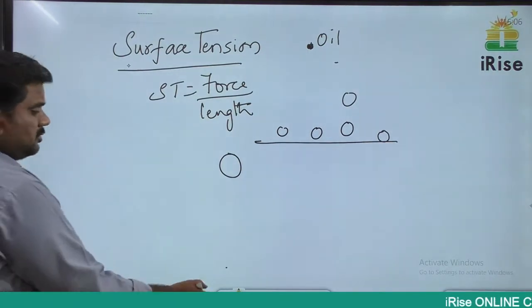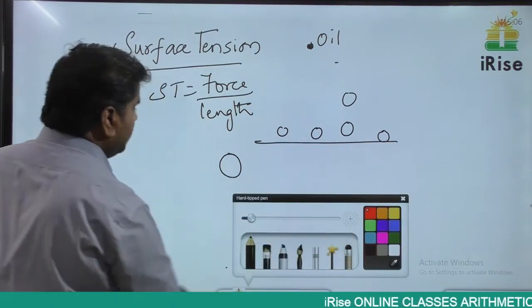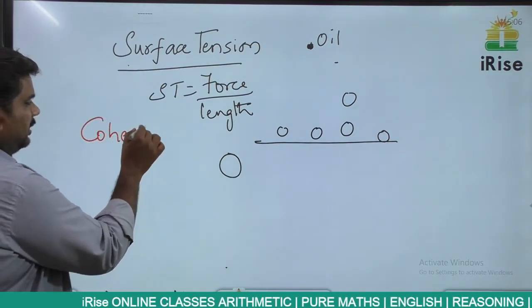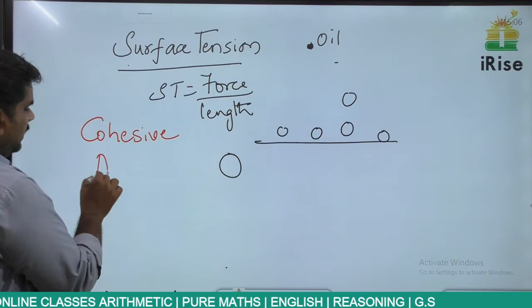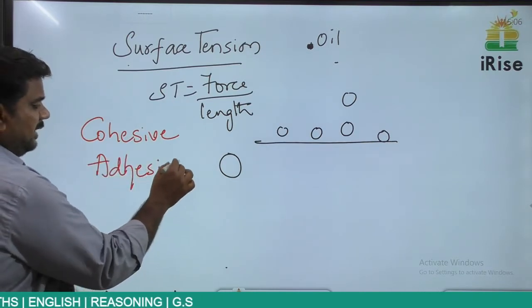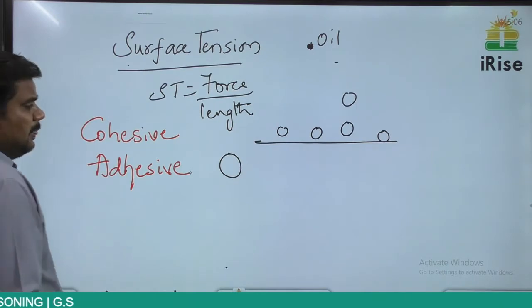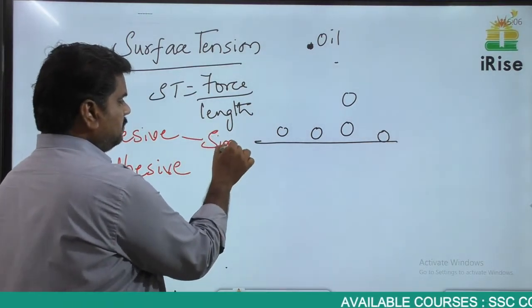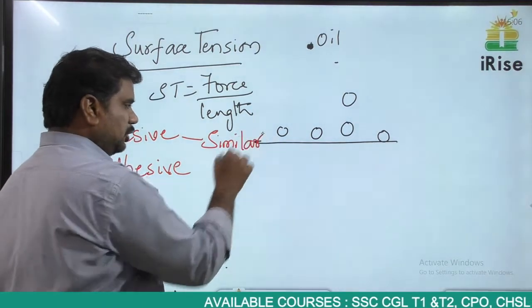When you're talking about surface tension, you need to talk about two different types of forces. One is the cohesive force, the other is the adhesive force. The cohesive force tries to act between two similar molecules.